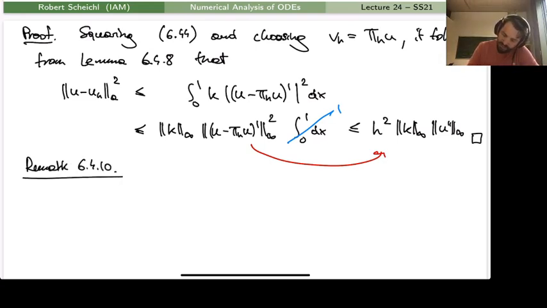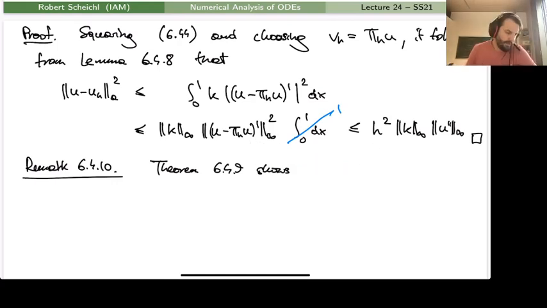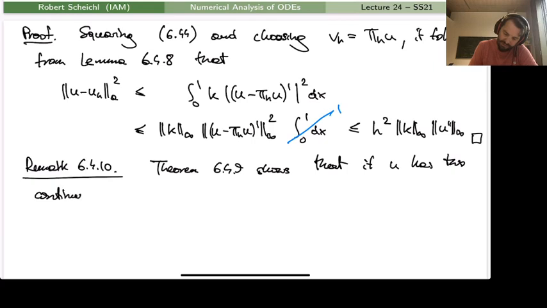So essentially what theorem 6.4.9 shows is that if u has two continuous derivatives, and all these assumptions can be made weaker, but I'm only giving you the ideas here.